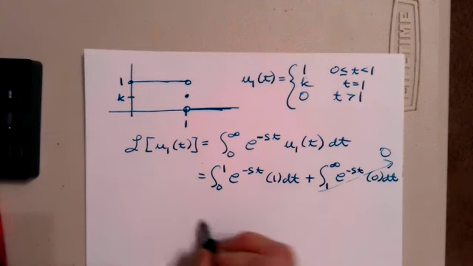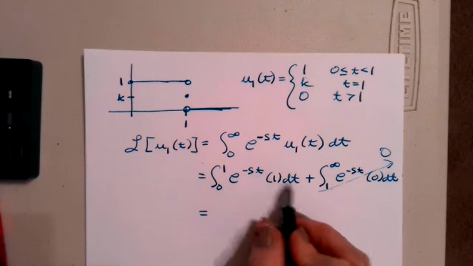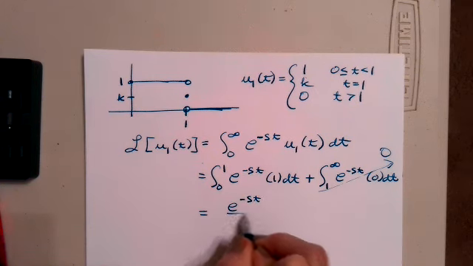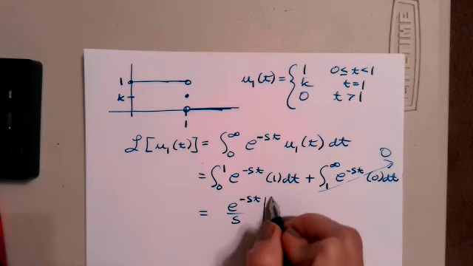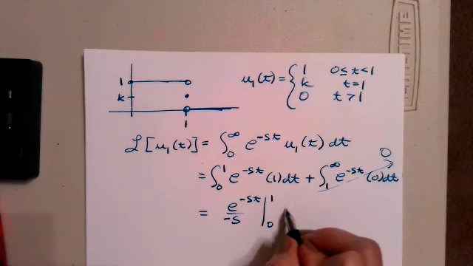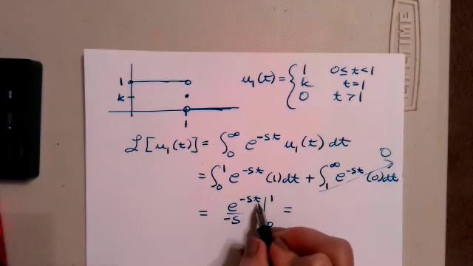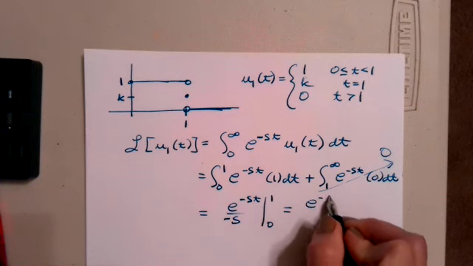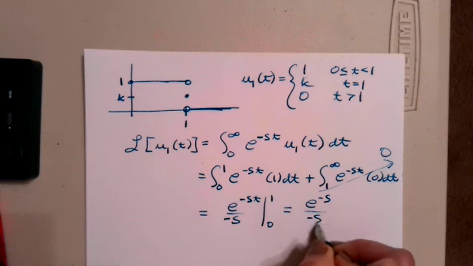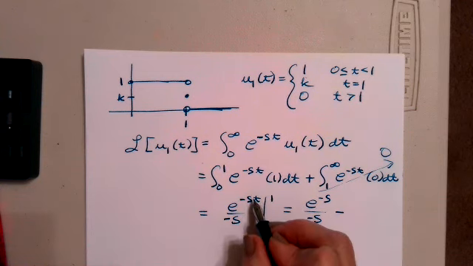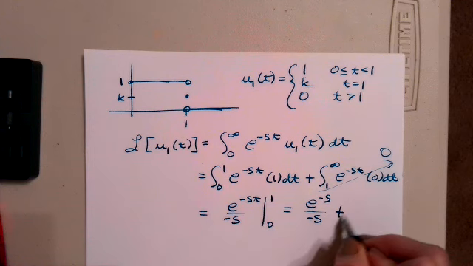And now when you integrate this, what do you get? You have e to the minus st dt. When you integrate that, you get e to the minus st divided by minus s, and you evaluate from 0 to 1. And now when t equals 1, it is e to the minus s over minus s, minus the value at 0, but when t equals 0, you get minus 1 over s.